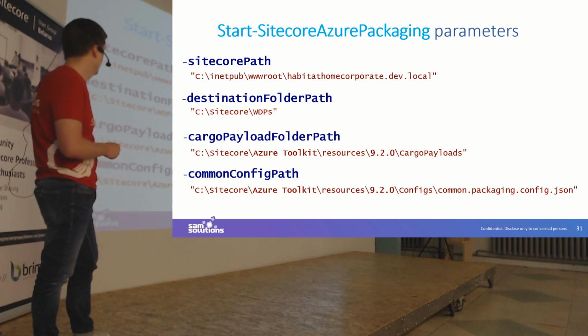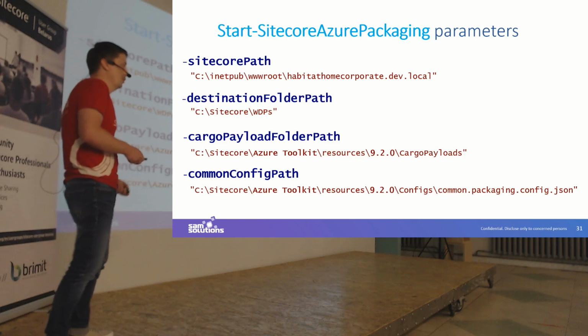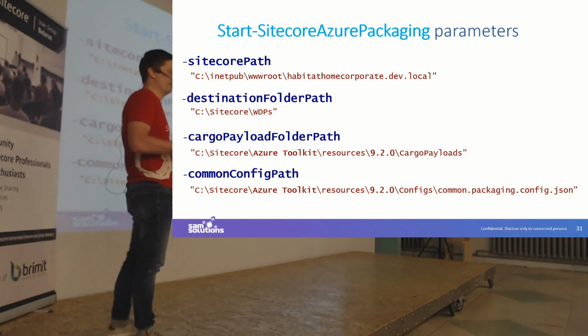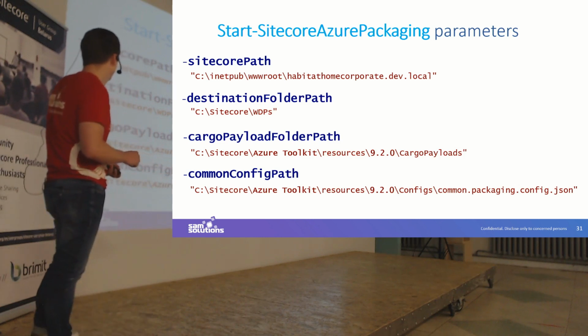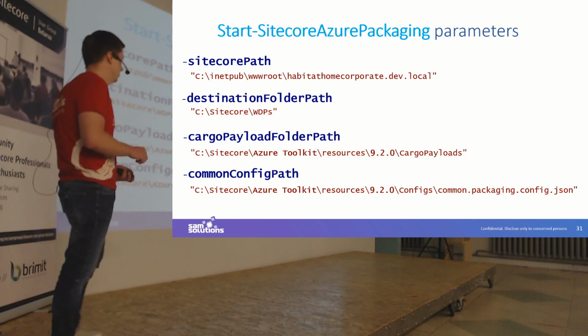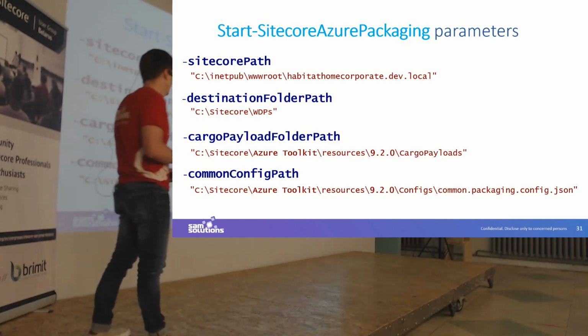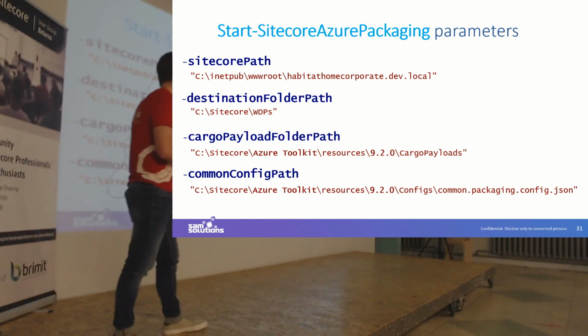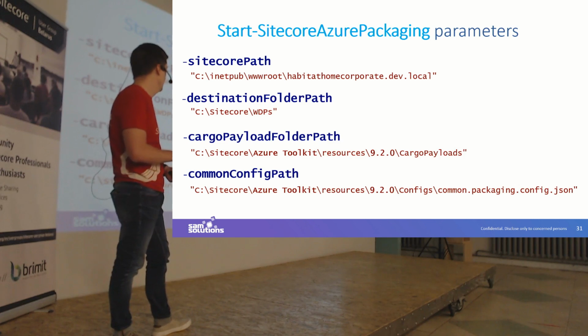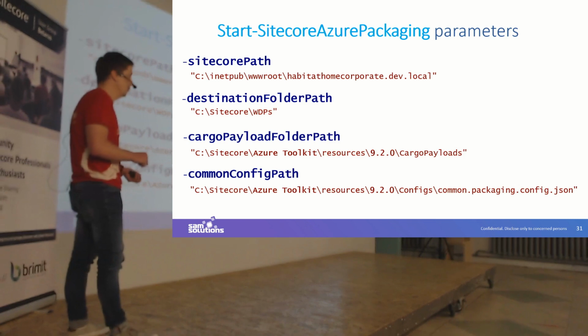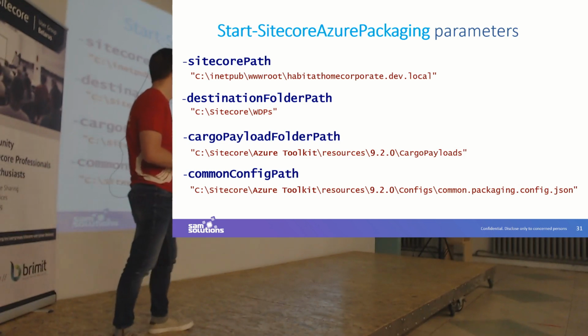Destination folder path: this is where we are going to grab our package as a result. Also the cargo payload folder path. We need to point to the Azure Toolkit we extracted from our archive, go to our Sitecore version, we would like the latest one, and also the cargo payloads.